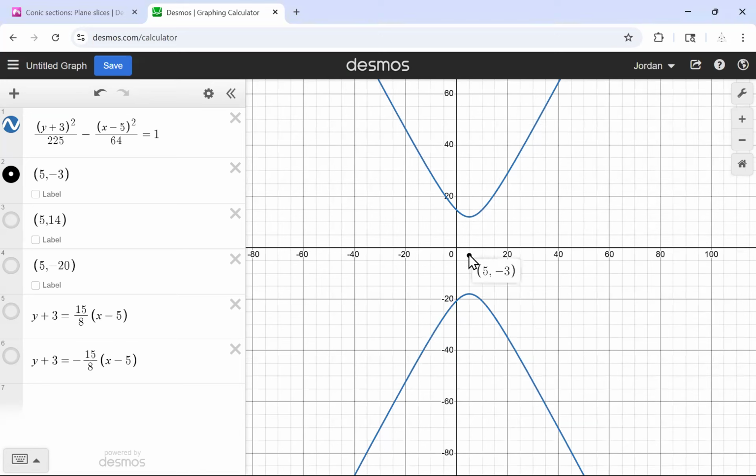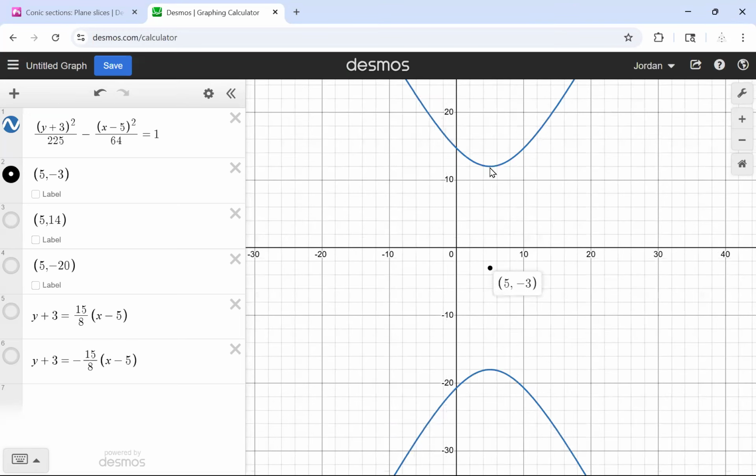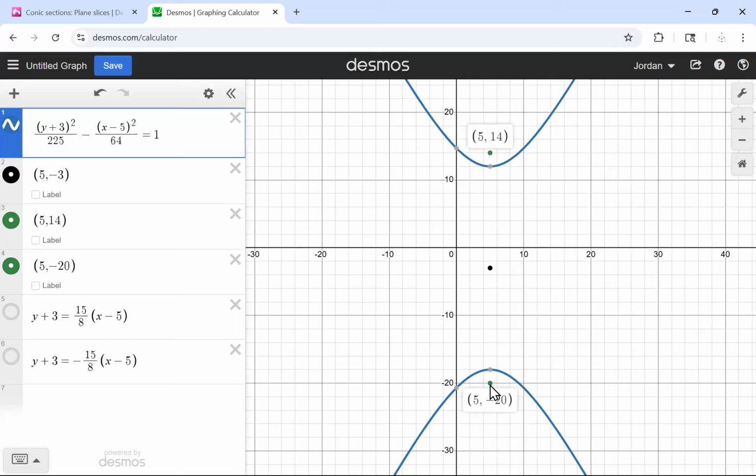Right in the middle, the center of this is at the point (5, -3). If we zoom in, we can see the two vertices, like we said, at (5, 12) and (5, -18). And if you graph the two foci, they are here at (5, 14) and (5, -20). So we get that idea.